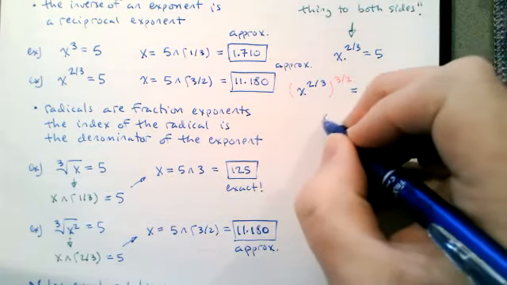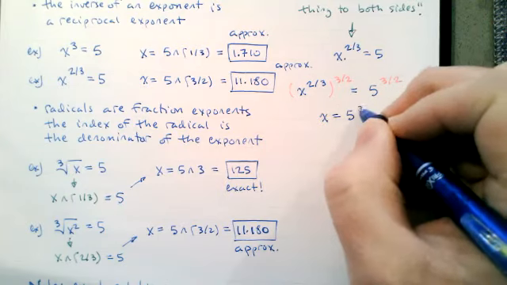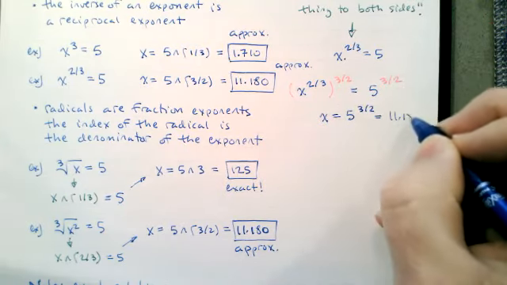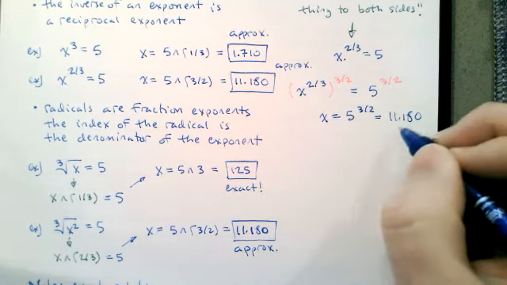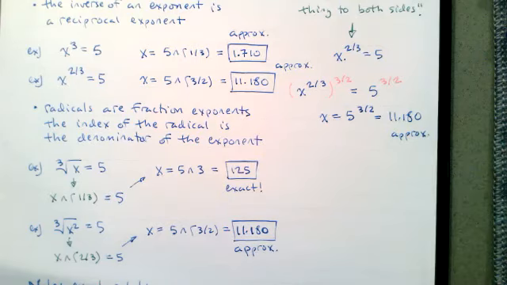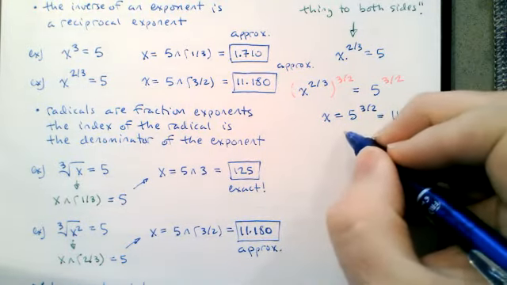So this gives us x is 5 to the 3/2, which is 11.180. Here's our approximation. And if fraction exponents are allowed, which they should be, because they are, and will be in my class, 5 to the 3/2 is our exact solution.